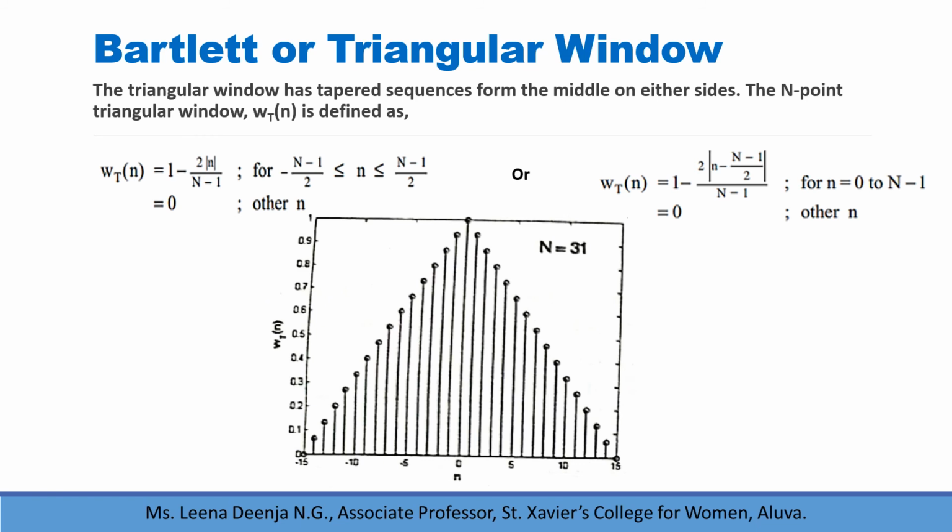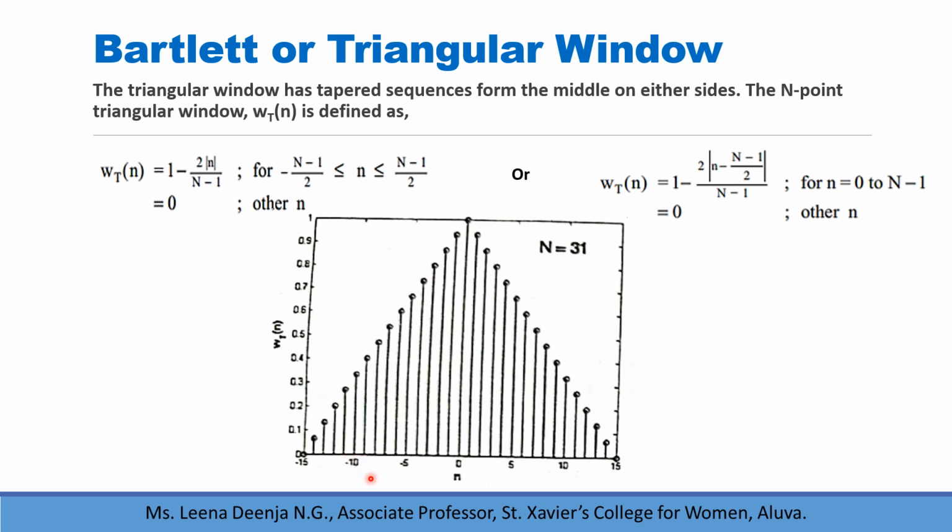We can use this equation for odd values of N. For odd and even values of N, the general equation is Wt of n equal to 1 minus 2 modulus of (n minus (N minus 1) divided by 2) divided by N minus 1, for n equal to 0 to N minus 1, and Wt of n equal to 0 for other values of n.